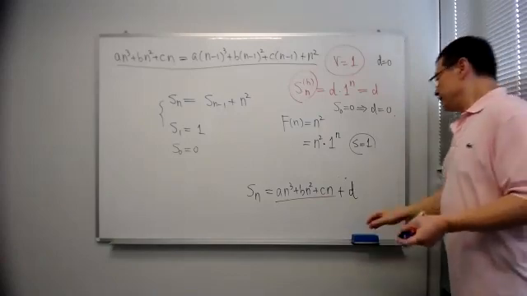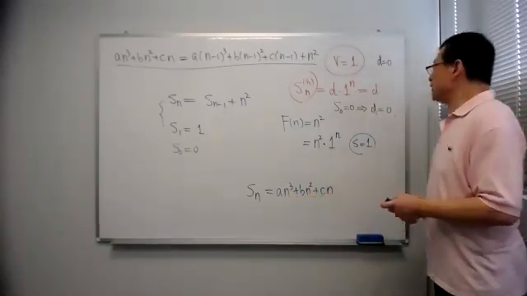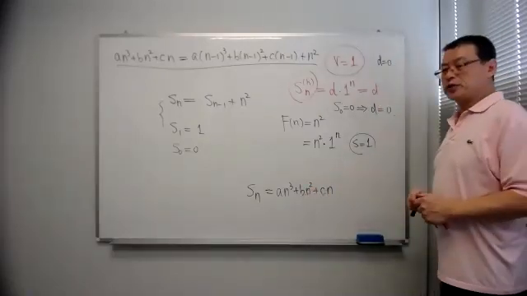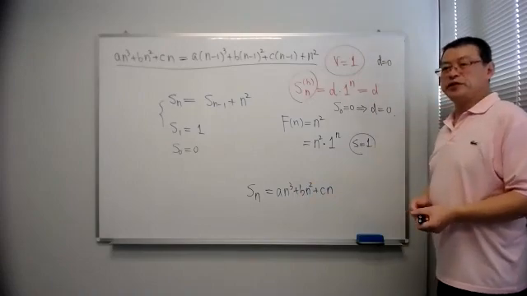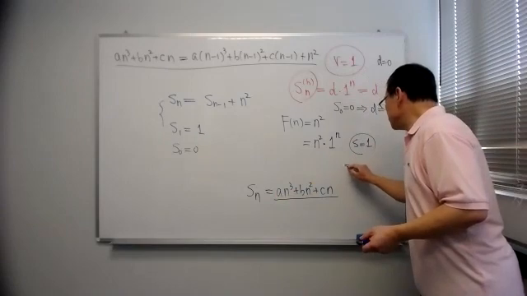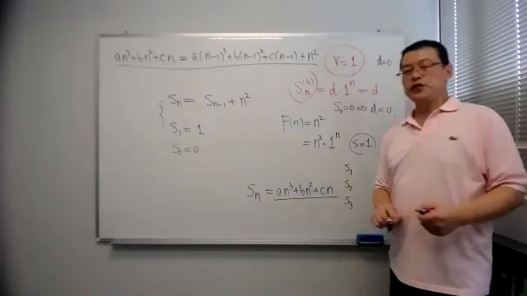So now the situation looks like this. We obtain the value for one constant already, so we have 3 values left. How do we determine these 3 values? Use the initial conditions: S1, S2, and S3. Use 3 equations.